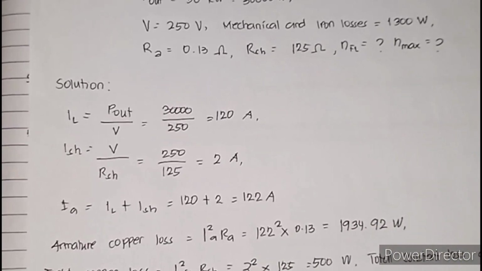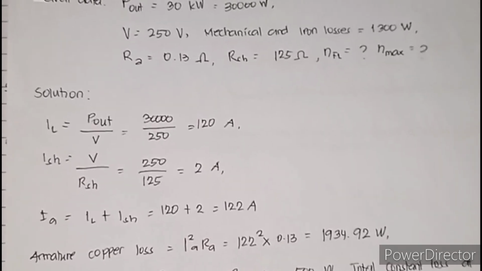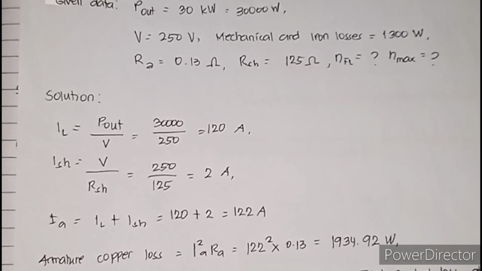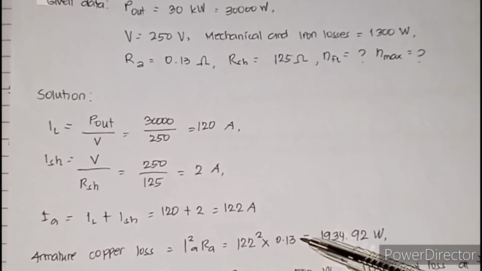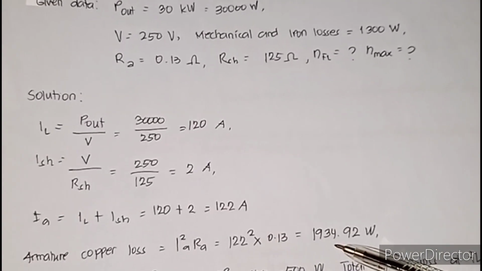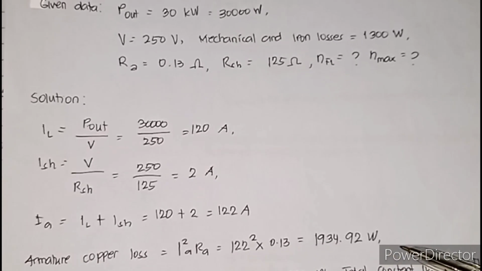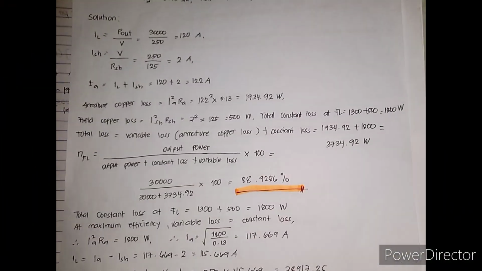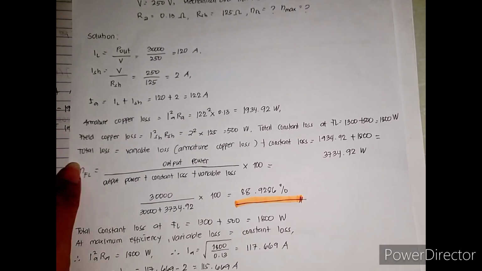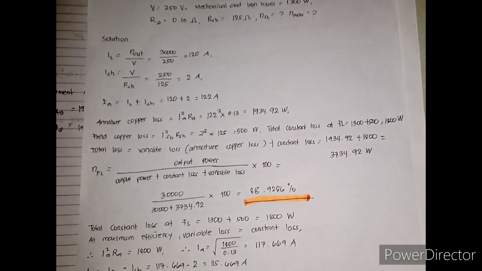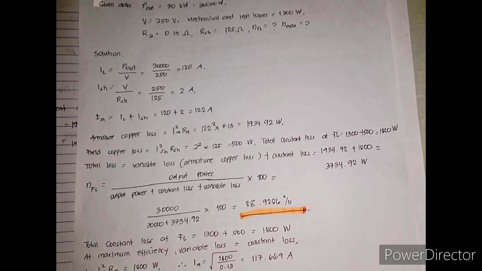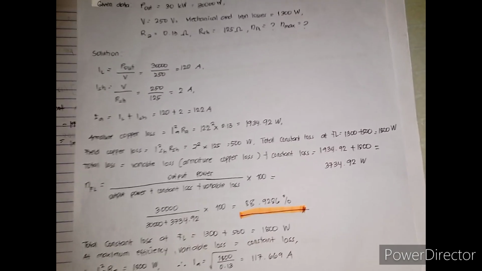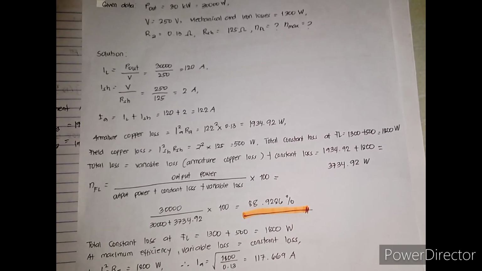The armature copper loss is equal to IA squared RA, which is 122 squared times 0.13, equal to 1,934.92 watts. The field copper loss is ISH squared times RSH, which is 2 squared times 125, so it is equal to 500 watts.